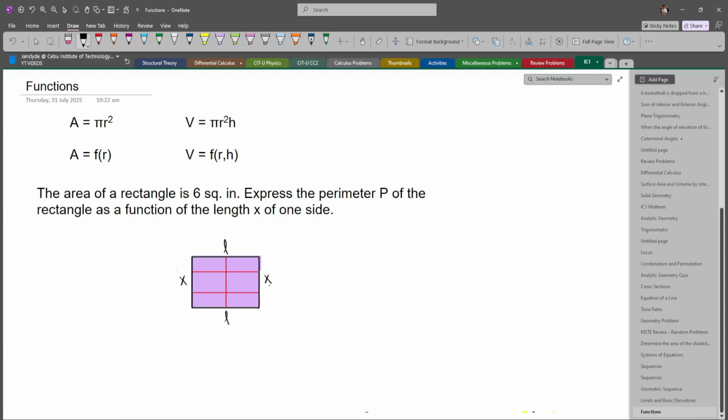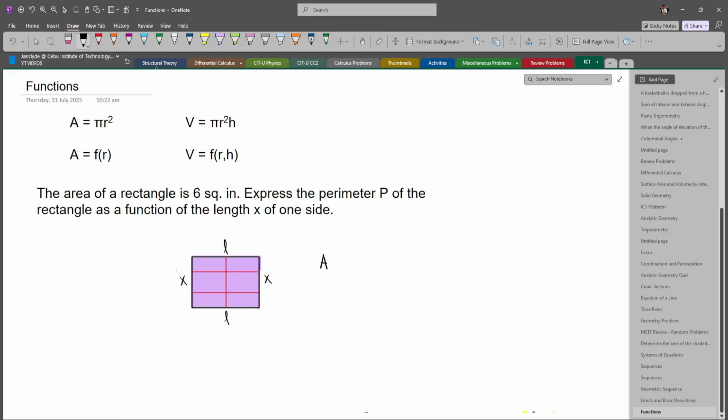Now in this example, we are told that the area is fixed, which is 6 square inches, but we are allowed to change x. The length of one side may be changed, but that would also mean that the length would change. But regardless, we still have the same area. But just referring to this figure, we know that the area of a rectangle is equal to the base multiplied by the height.